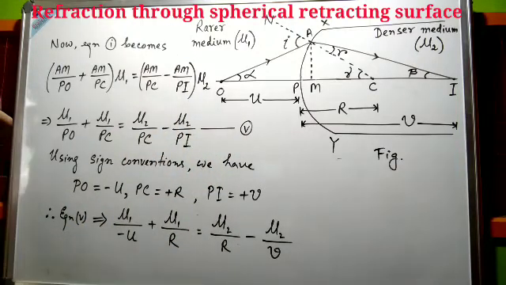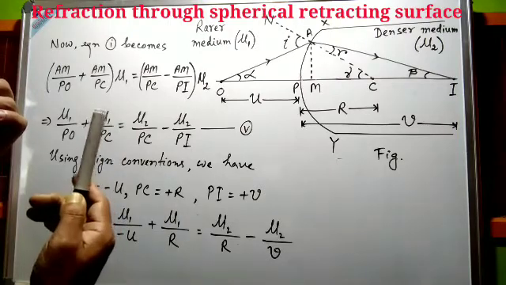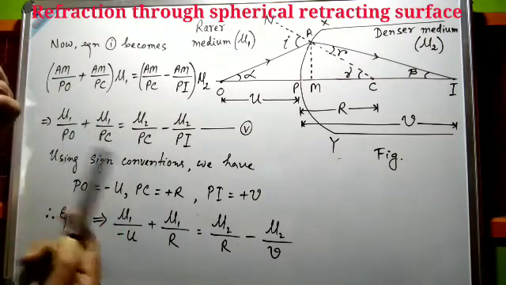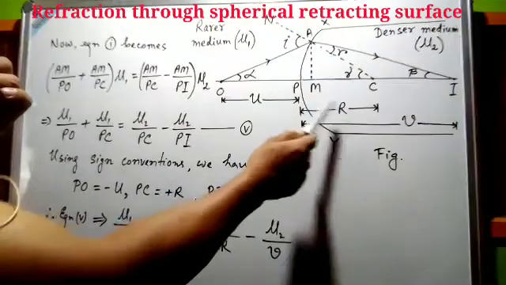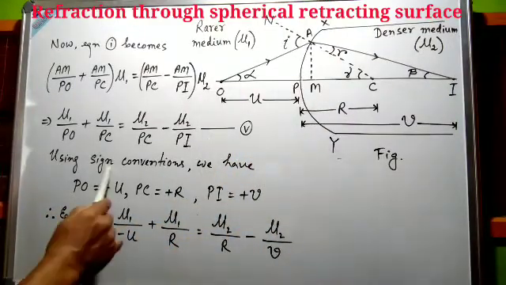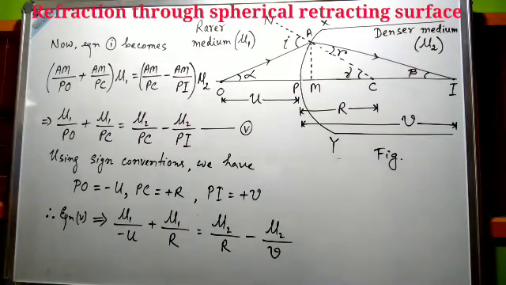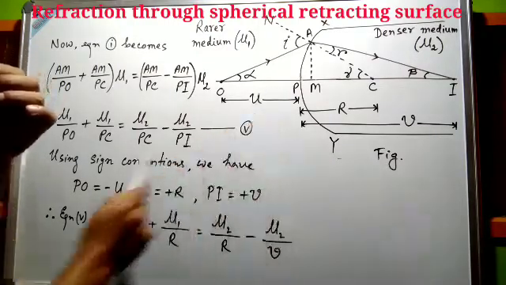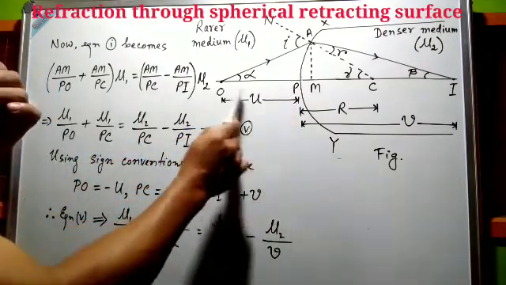Then again we have to apply sign conventions. Quantities like the object distance, image distance, and the radius of curvature R are positive or negative according to the sign convention rules. Here PO is the object distance.